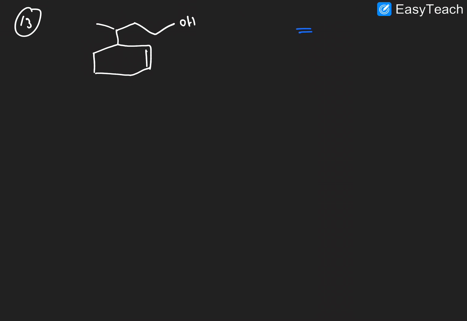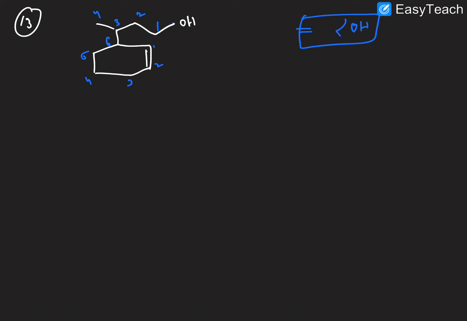Two possibilities are there for the functional group, double bond and OH, and OH has the higher priority. Here there is one more possibility, the cyclic form with 6 carbons, but the chain form has only 4 carbons.